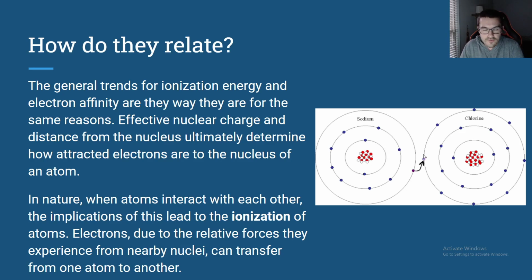What's different, though, is that chlorine has a larger amount of positive charge in the nucleus, 17 protons here compared to just 11. So which nucleus is going to pull harder on this electron here? It's clearly chlorine.